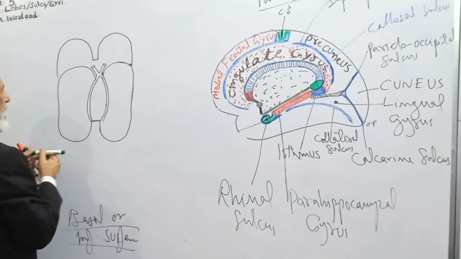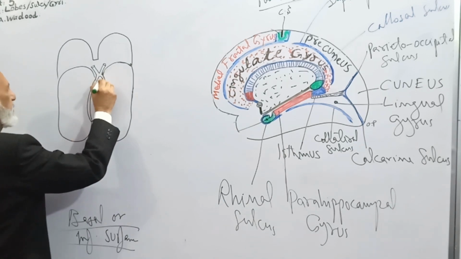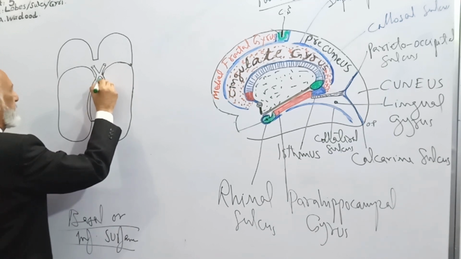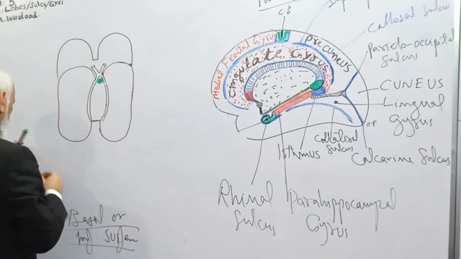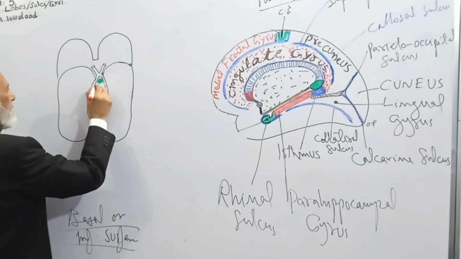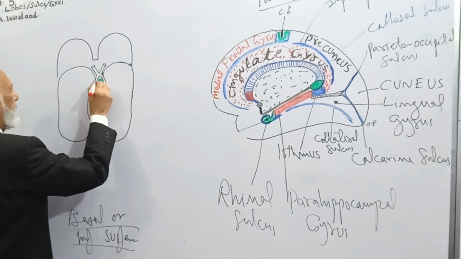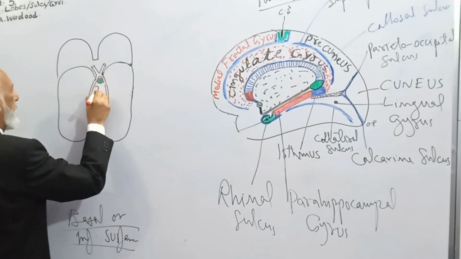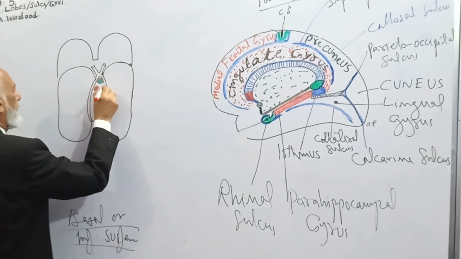Then, I told you, behind the optic chiasma is the tuber cinereum. These we will discuss later on in detail, which is why I'm not labeling them. Then there are two rounded bodies called the mammillary bodies.